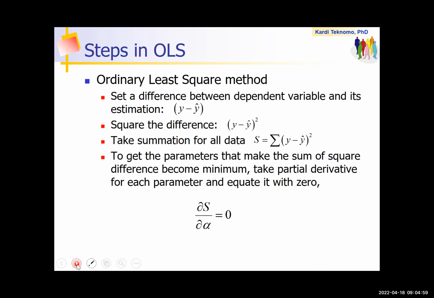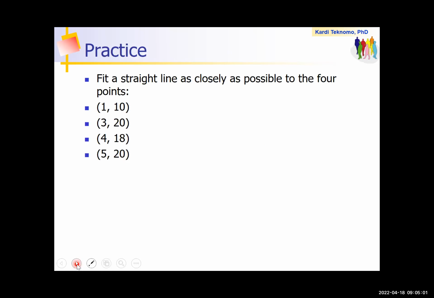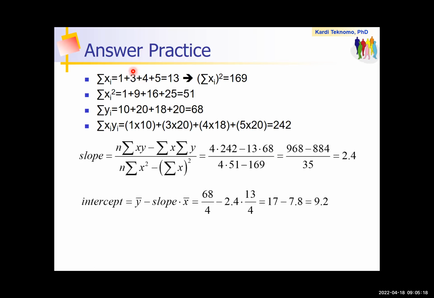You're supposed to practice this, so that you can be able to answer your exam question. So this is the answer. You can just input the values, and then you can get the slope and the intercept.